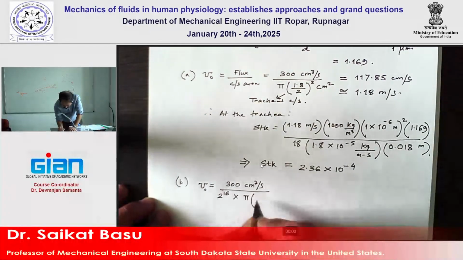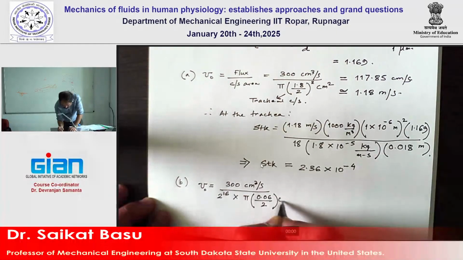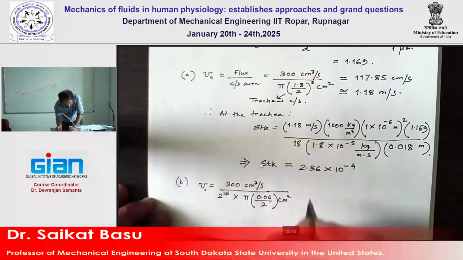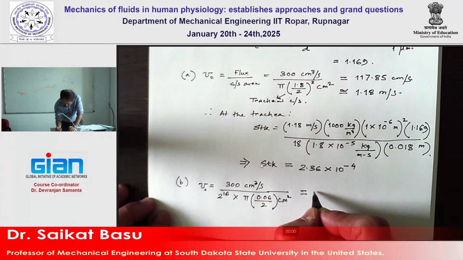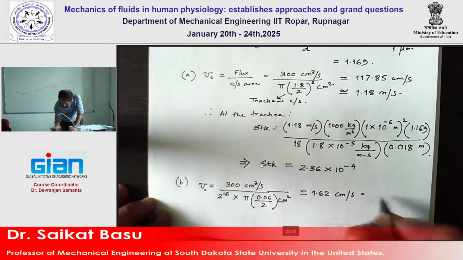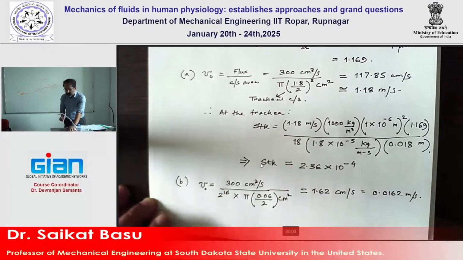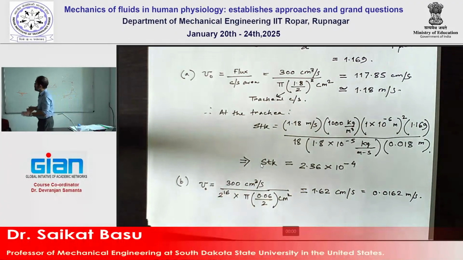So pi times 0.06 is the diameter. So this is around 1.62 centimeters per second, or 0.0162 meters per second. So this is the mean flux through each channel of the 16th generation.